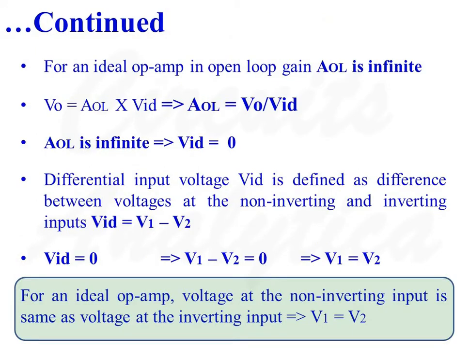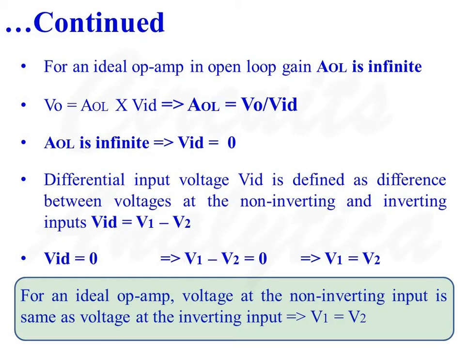For an ideal opamp in open loop, voltage gain AOL is infinite. So output voltage V0 is equal to AOL into VID. That means open loop gain AOL is equal to V0 divided by VID, that is equal to infinite. That means VID is equal to 0. Differential input voltage VID is defined as the difference between voltage at the non-inverting and inverting inputs.